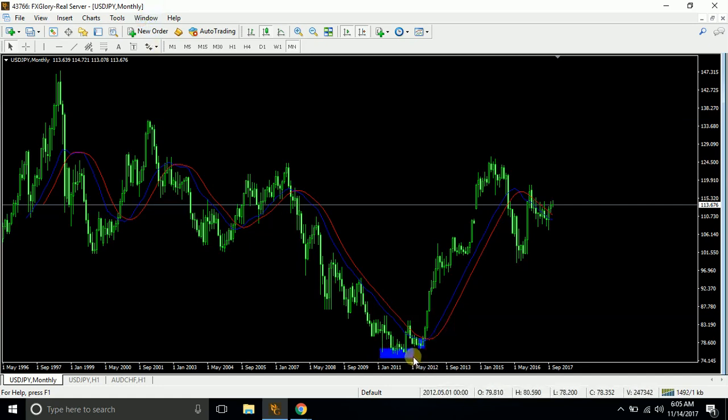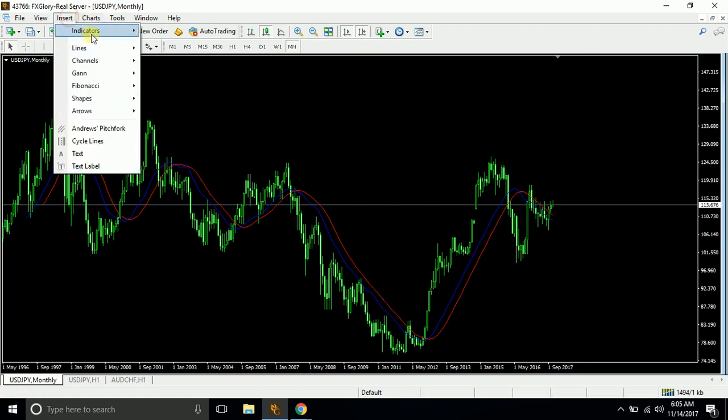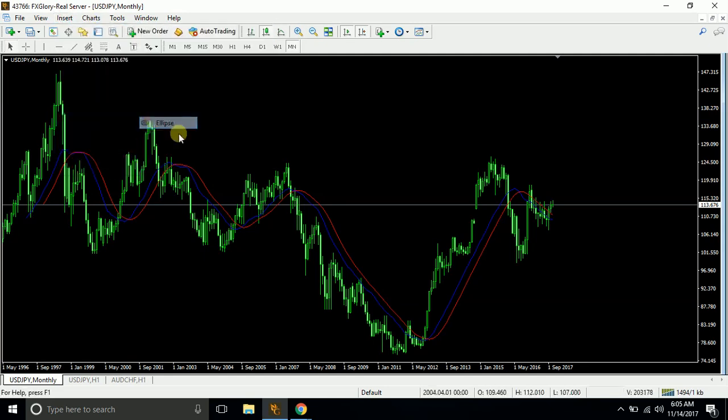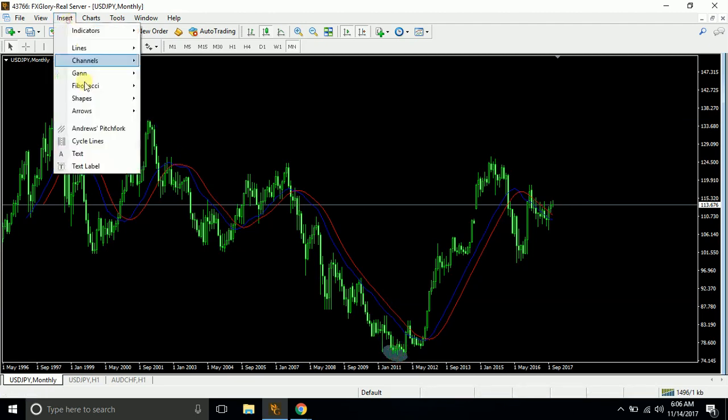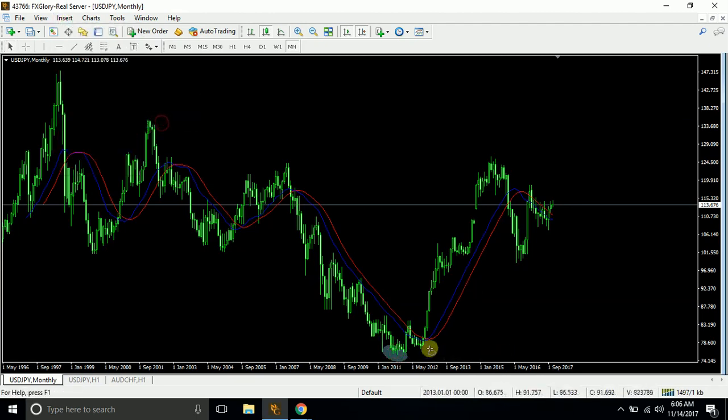Let me indicate that a little better for you guys. And I'm not feeling the best, so bear with me just a little bit. There we have a bottom, and here, double bottom.